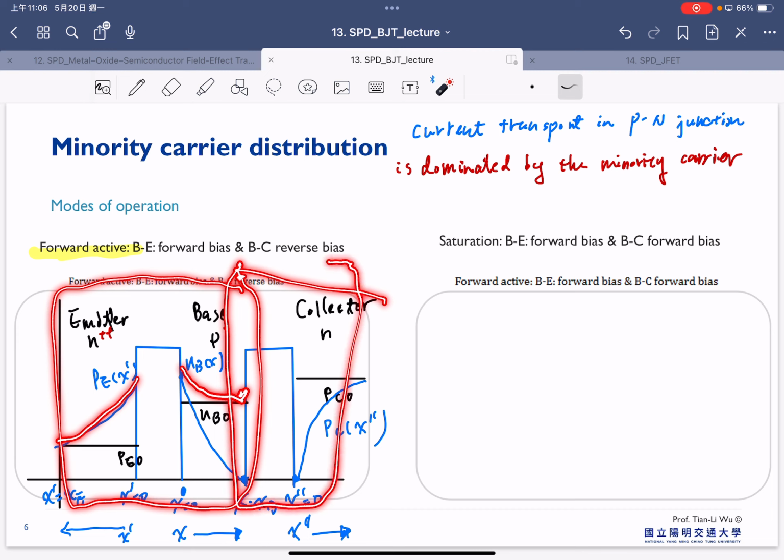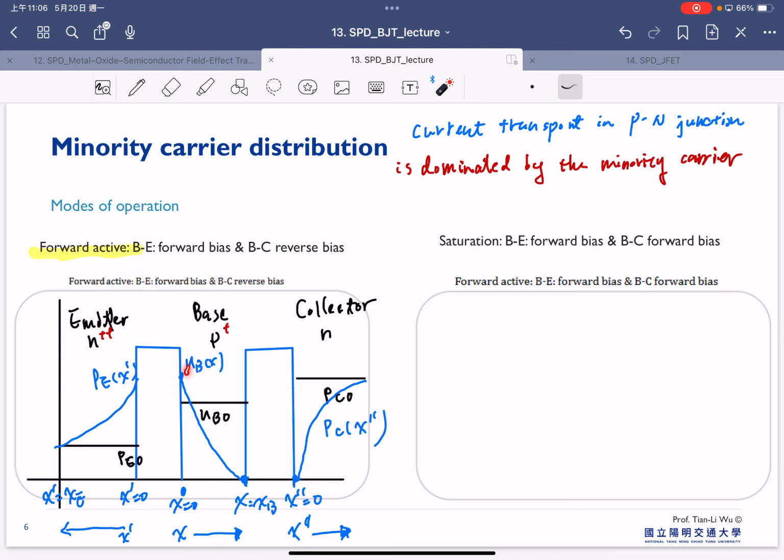Reverse bias means that at this junction edge, the concentration needs to be 0. So this will force your minority carrier concentration to decrease until 0 at this point. And also, in the beginning, the steady state is here, but the thermal equilibrium is here. But now it will go back to 0 here. So that's the case under the forward active here.